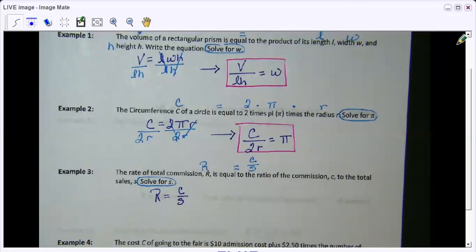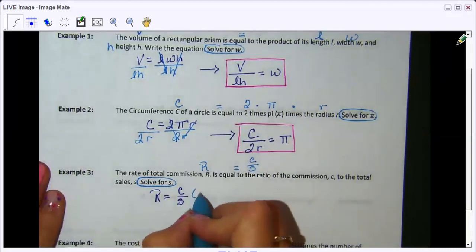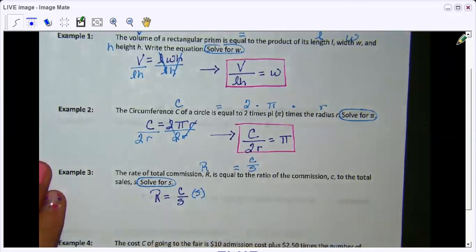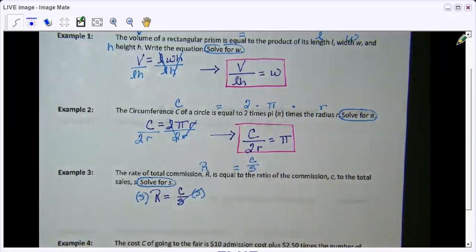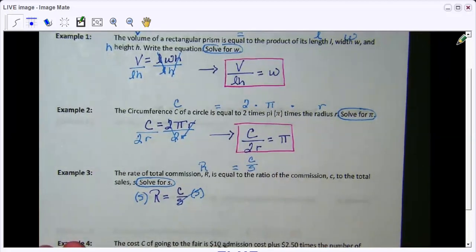By S. We're going to multiply both sides by S because when you do that, it's like S over 1, and these two cancel out. And so we're going to multiply R by S. And our new equation is RS equals C. Oh, yes, yes.